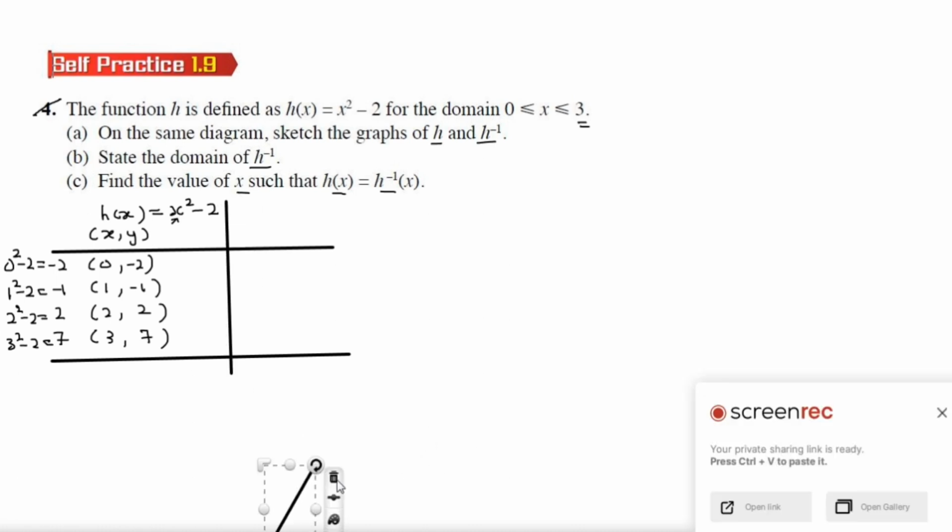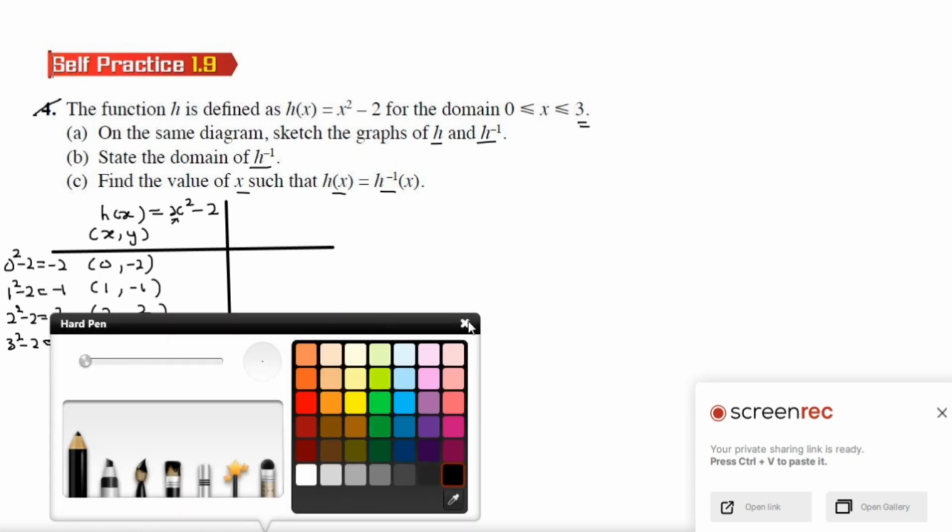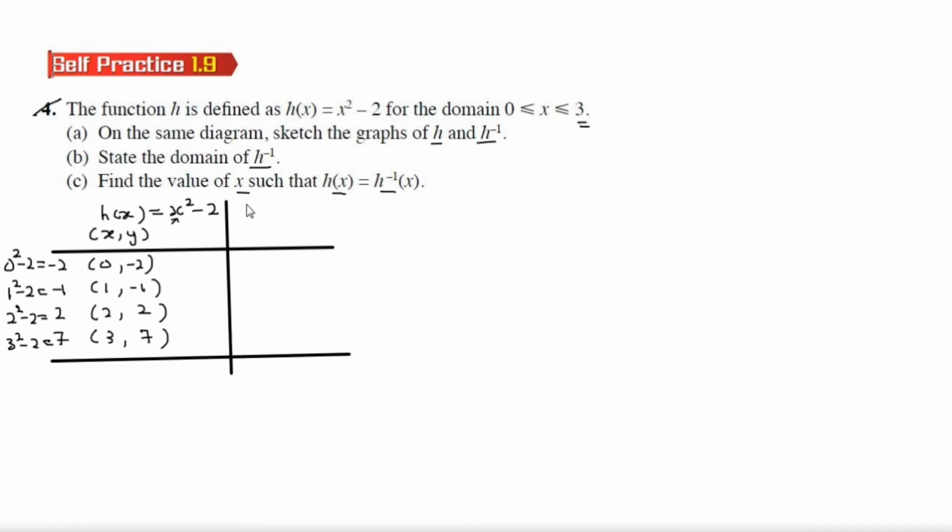we're going to obtain several points of h inverse. The other column is for h inverse. What is the relationship between the coordinate of xy and h inverse? It's very simple. You just change the order of xy.